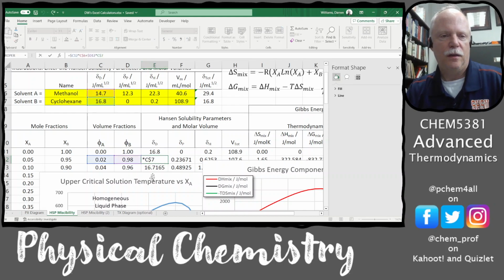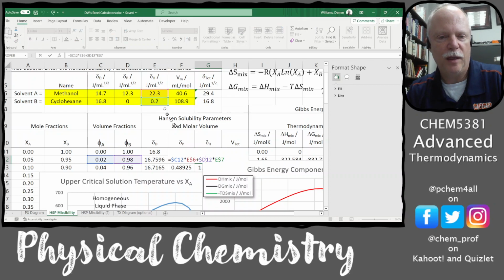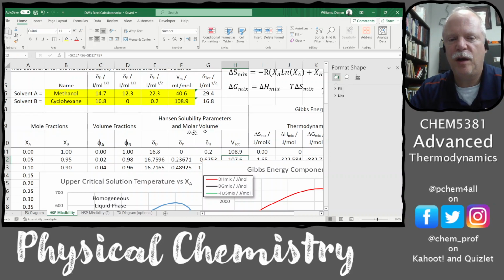Yeah, so you can see it's the volume fraction of A times the D value for A and the volume fraction of B times the D value for B. P, same kind of thing, but now it's multiplied by the P values, and H, same thing, multiplied by the H values. And in volume total, same thing, multiplied by the molar volumes for each. So that's pretty easy. My Hansen solubility parameters and molar volumes are calculated for each of the blends.